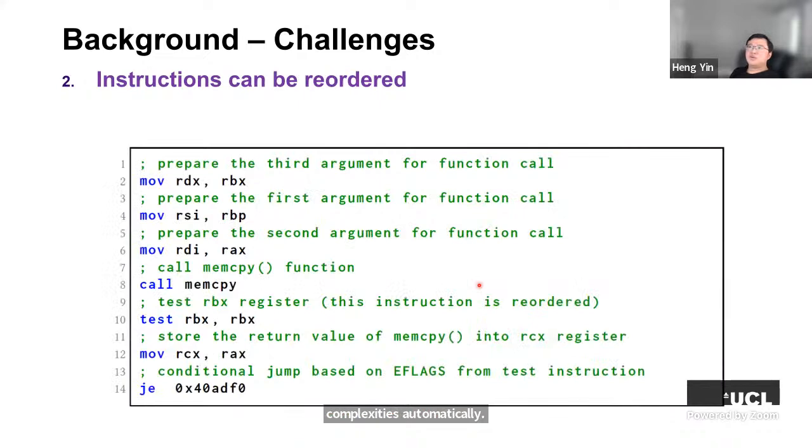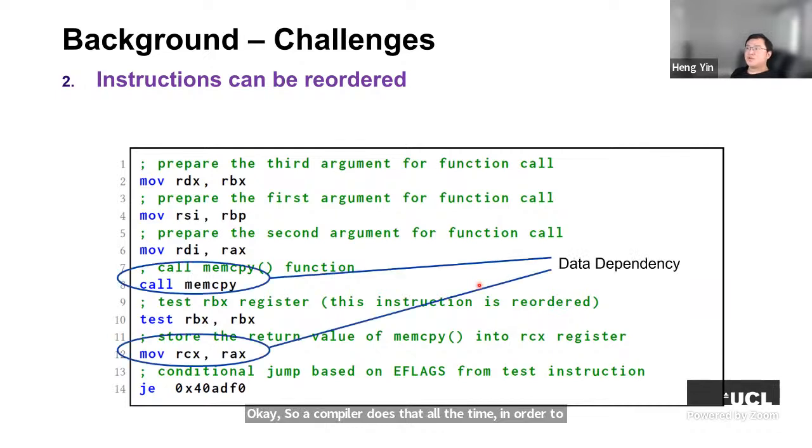The second challenge: instructions can be reordered. A compiler does that all the time in order to improve efficiency. I'll show you one example. Move, call memcpy, and the return value is stored in RAX. And you can see this move RAX, RCX, RAX, and later JE, and so on.